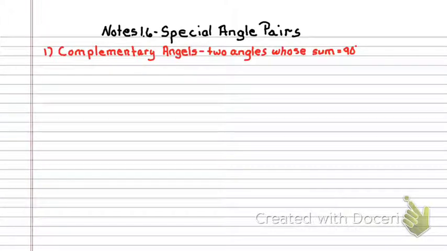Our first pair of angles are called complementary angles. Complementary angles are two angles whose sum of their measure is 90 degrees.